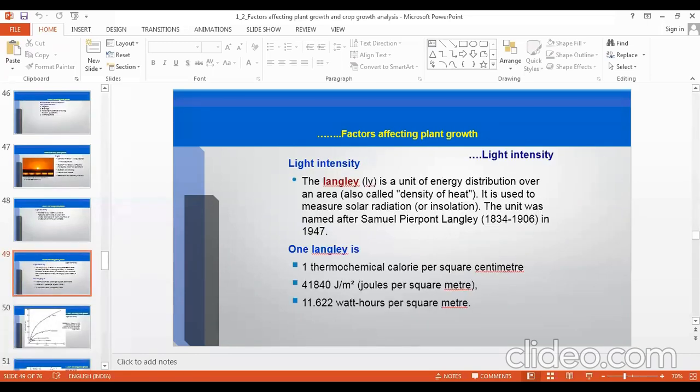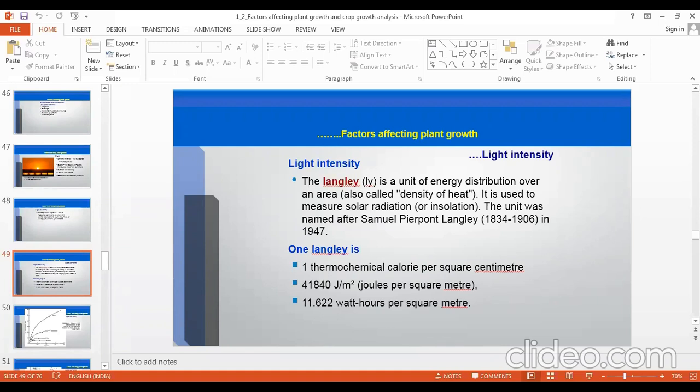So the unit is Langley. The Langley is a unit of energy distribution over an area, also called density of heat. It is used to measure solar radiation or insolation, incoming solar radiation.